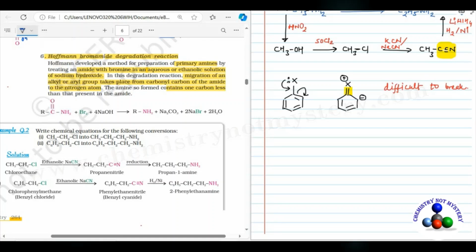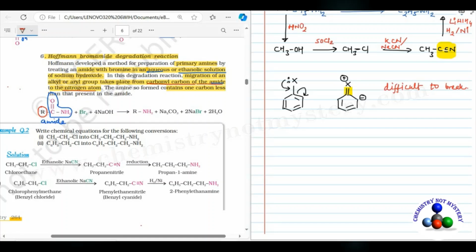Now let's examine the reaction. Here this is RCONH2. CONH2 is amide. When it reacts with bromine with aqueous or ethanolic solution of sodium hydroxide, which is a strong base, so here this alkyl group migrates from the carbonyl carbon of amide to the nitrogen atom.